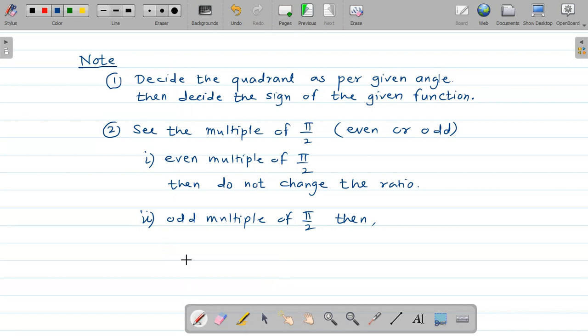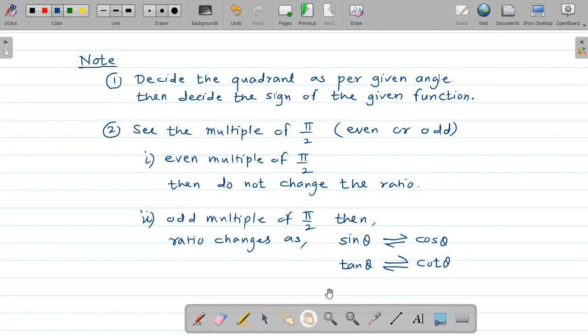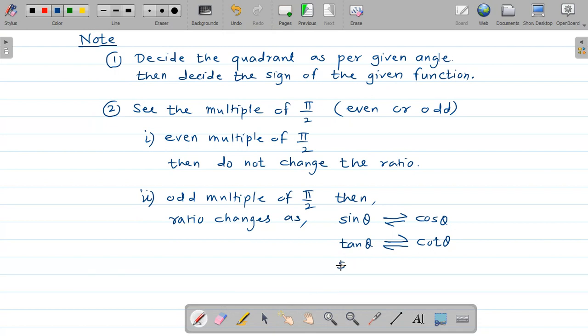How will it change? Sin theta changes to cos theta, or cos theta changes to sin theta. Similarly, tan theta changes to cot theta, or cot theta changes to tan theta, and sec theta changes to cosec theta, or cosec theta changes to sec theta.